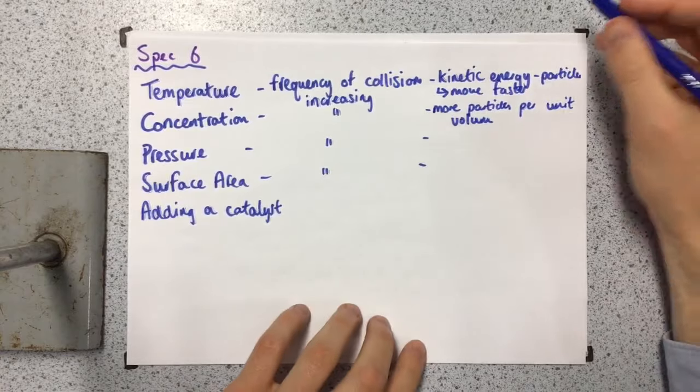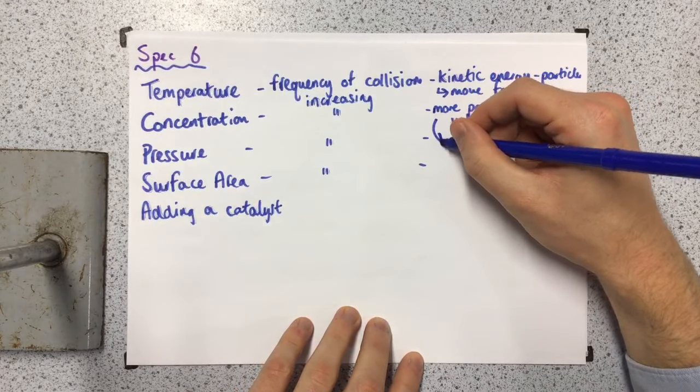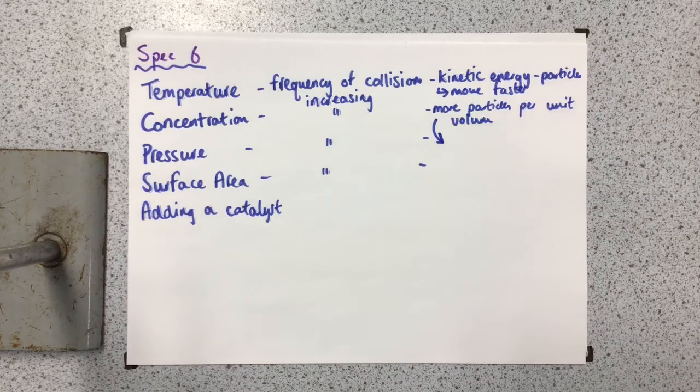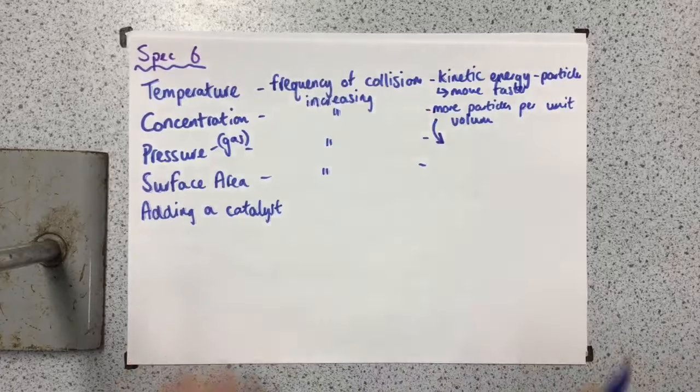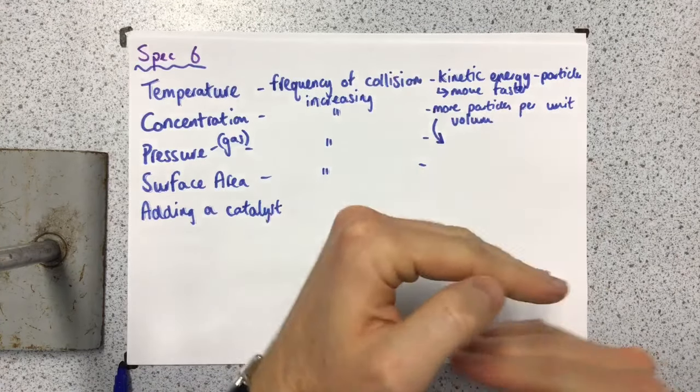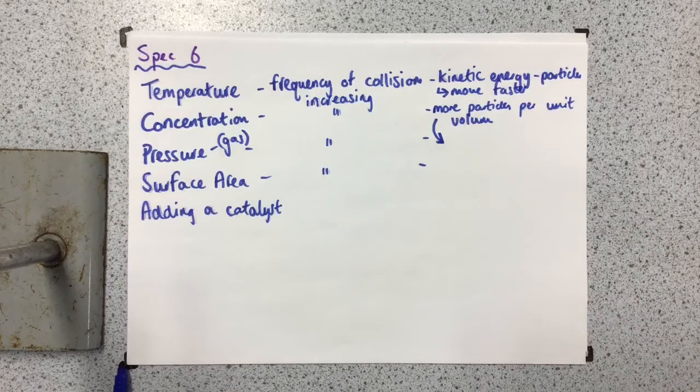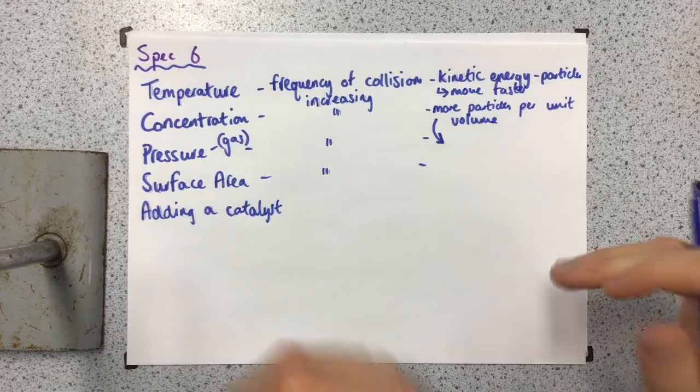For pressure, you can also say the same thing there, because this would be for a gas, so it might be worth mentioning for a gas in brackets there. If you increase the pressure on 2 gases reacting, ultimately you're reducing the volume, so there are more particles per unit volume. It's because you're ultimately reducing that space. And then for surface area, it's all about the surfaces that something can react on.